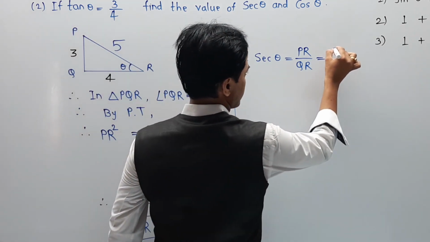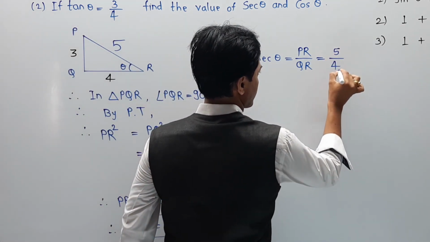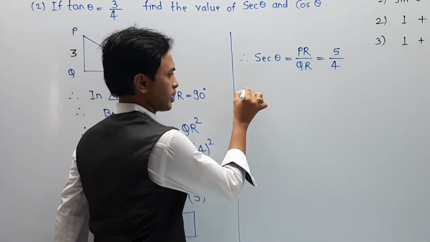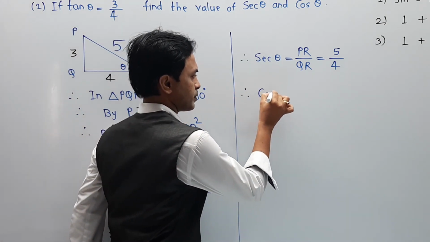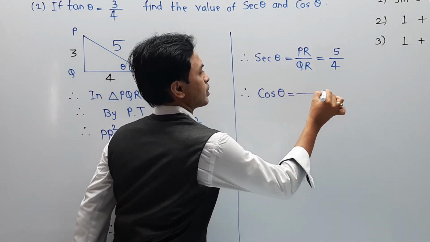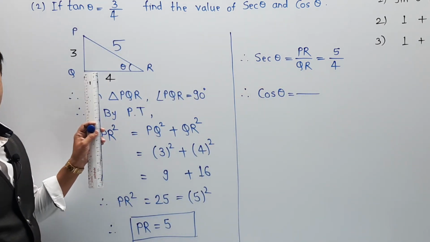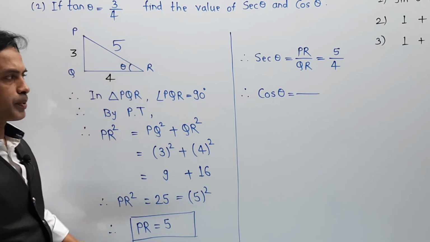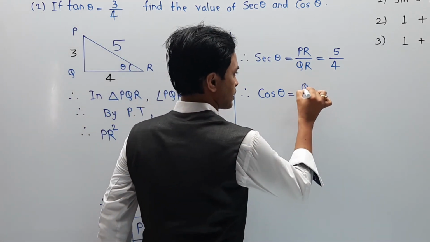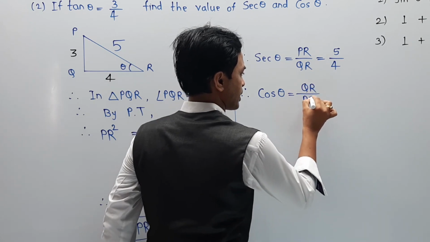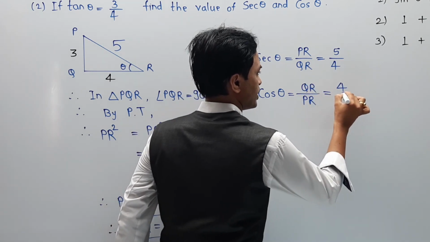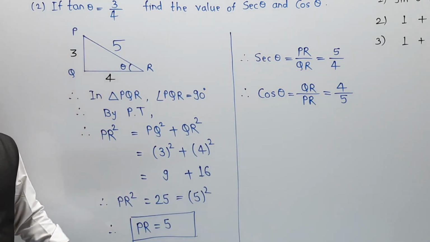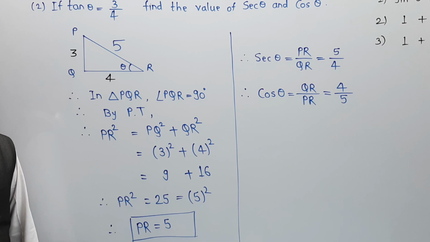For the second part, we have to calculate cos theta. Cos theta means adjacent side upon hypotenuse, means QR upon PR, and as per this value it is 4 upon 5. In this way we can complete the numerical.